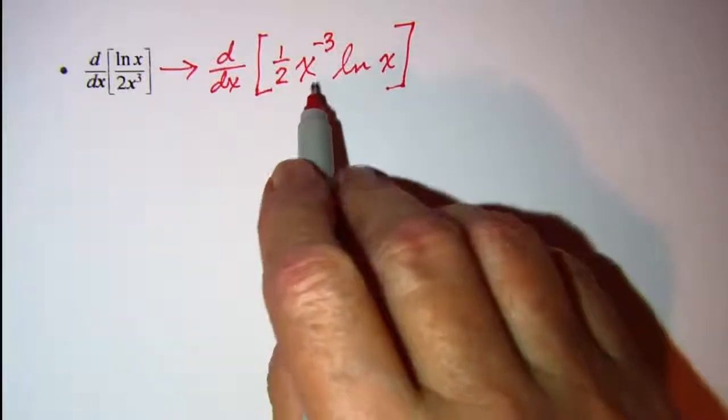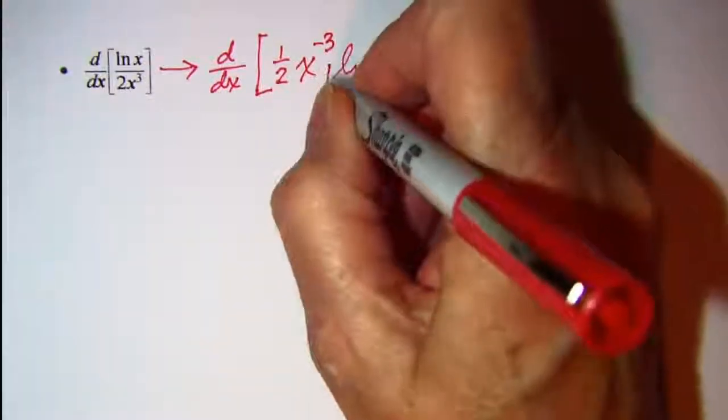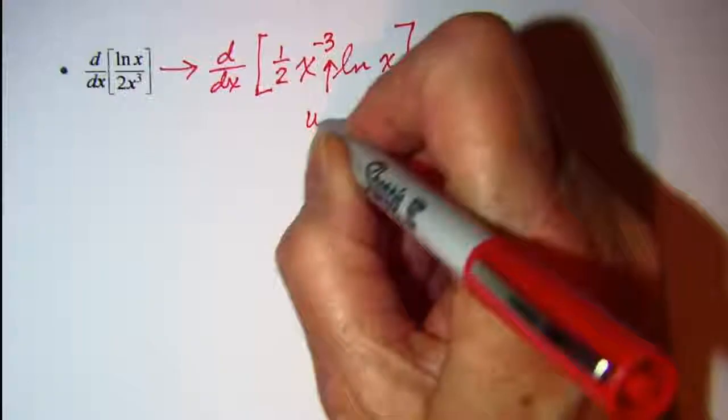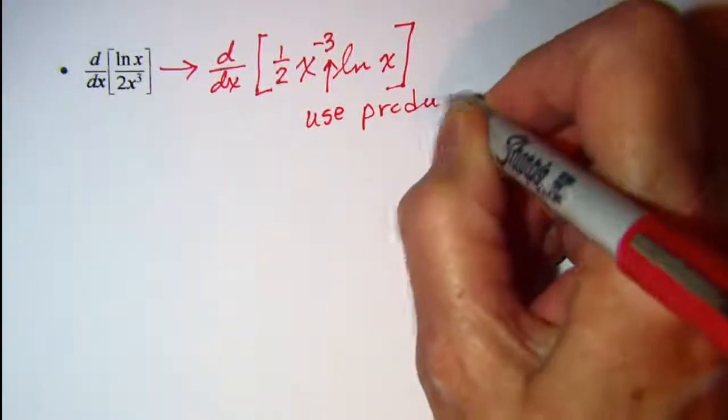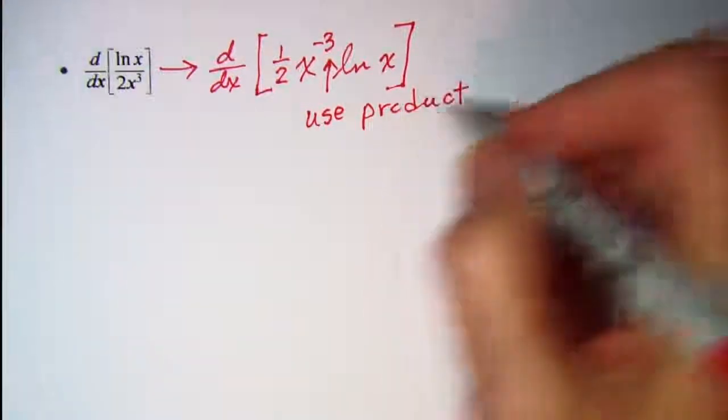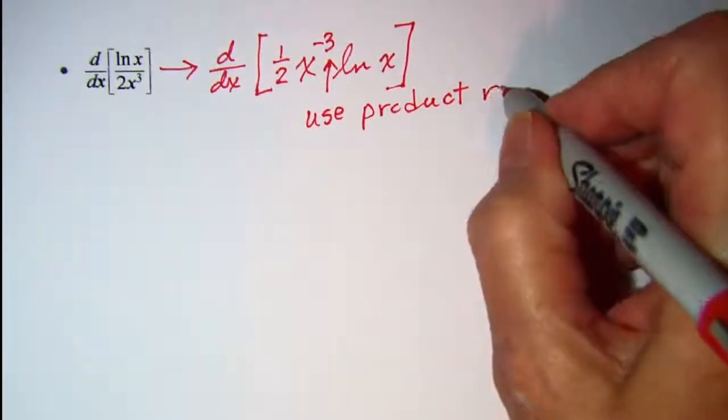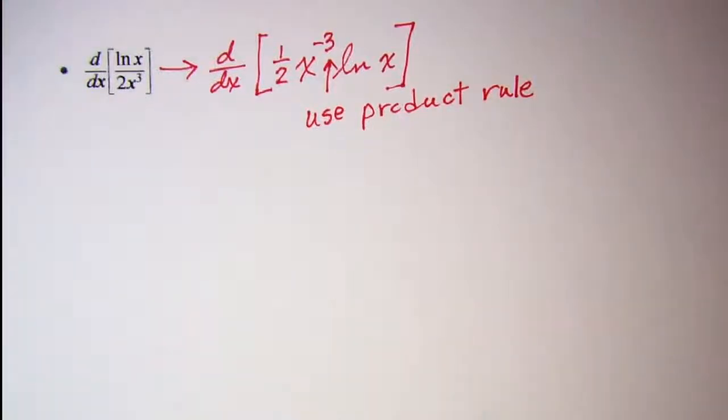Now I still need to see this as multiplication, so I need to use the product rule. But it's still a little bit simpler than the quotient rule.